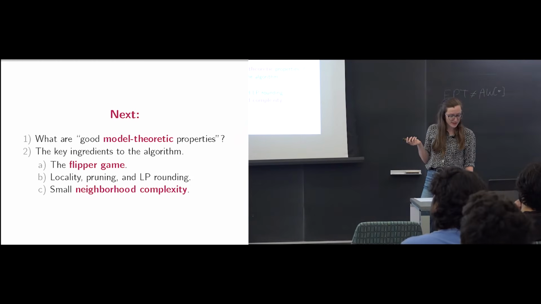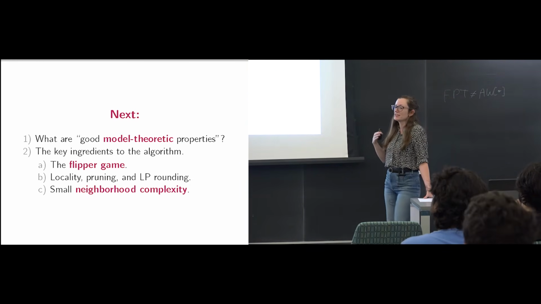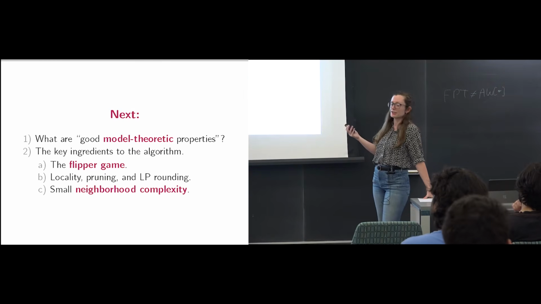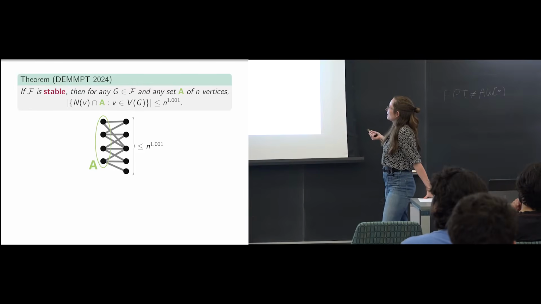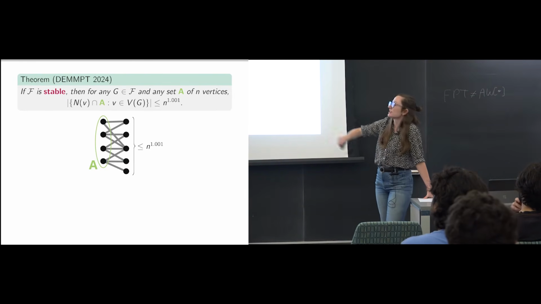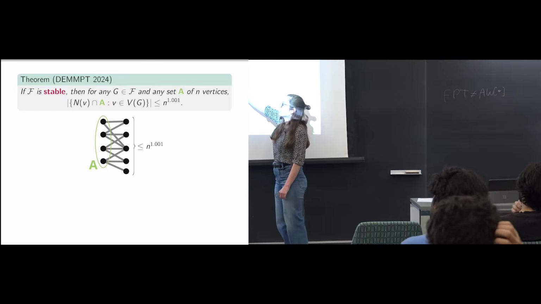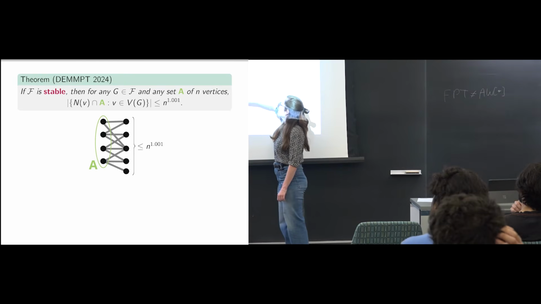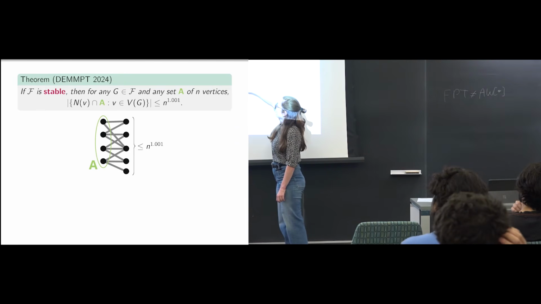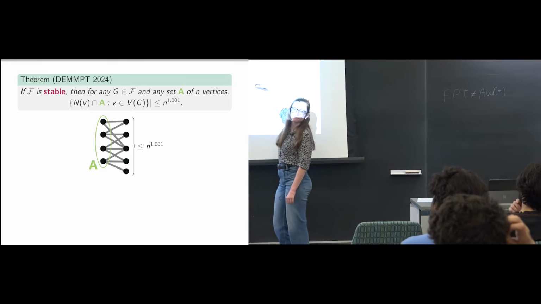And then the final thing is something called neighborhood complexity, which relates to VC dimension and the theory of set systems. What we proved is that if your class is stable, that is, if it doesn't define all half graphs, then for any set A of n vertices in the graph, the number of different neighborhoods a vertex can have within A is almost linear.